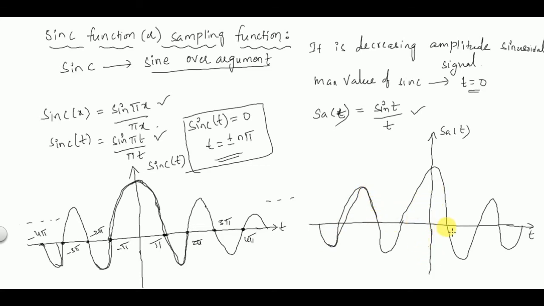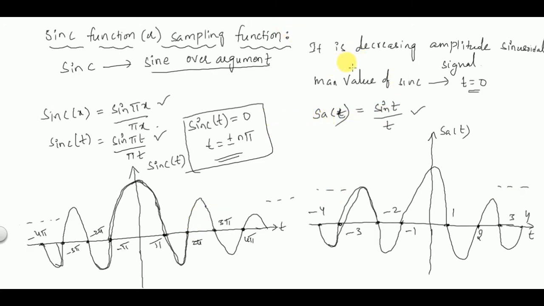The only difference here is, since there is no pi here, we'll write it as 1, 2, 3, 4, and minus 1, minus 2, minus 3, minus 4, and so on. It extends up to infinity. So this is about the sinc function or sampling function.